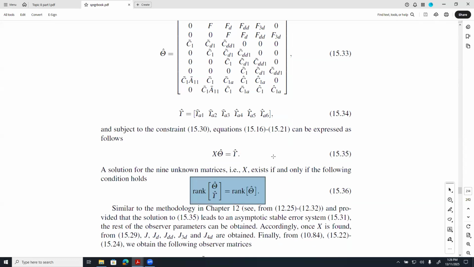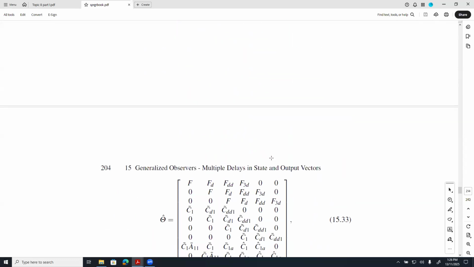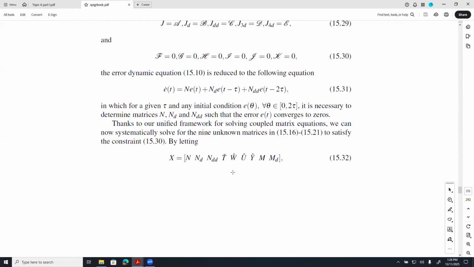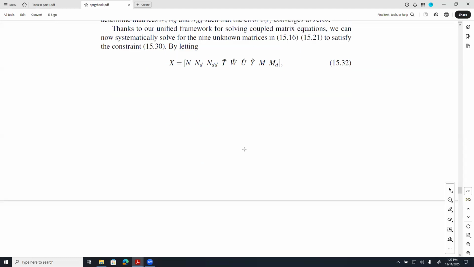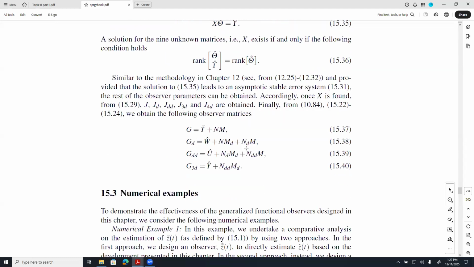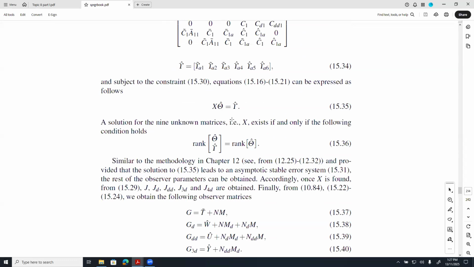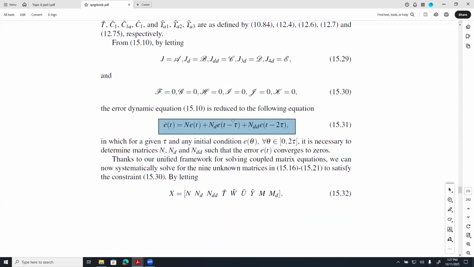Just like what we did before, we get a generalized solution, and then we can exploit the extra degree of freedom, and from there we want to ensure that this error dynamic equation is stable. And if the extra freedom in the solution of this generalized equation is satisfied, then we can further do the stabilization of the time delay error system.